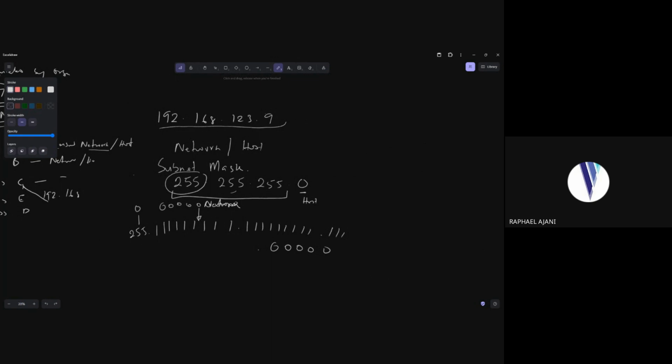Now, this first octet of this IP actually starts from 0.0.0.0.